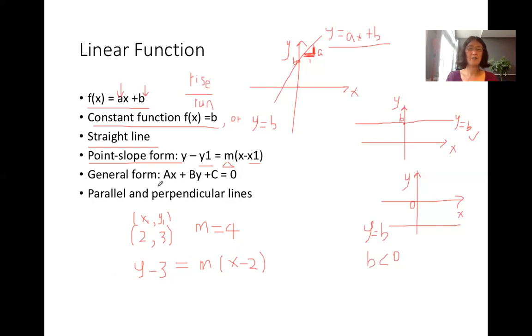The general form is ax plus by plus c equals 0. So if this is the point-slope form, how can you change it to the general form? You just do a little bit of algebra. You copy down the left-hand side. The right-hand side is equal to mx minus 2m.